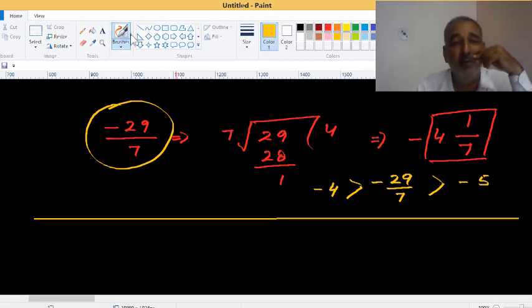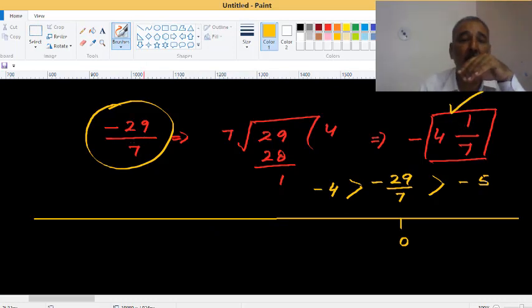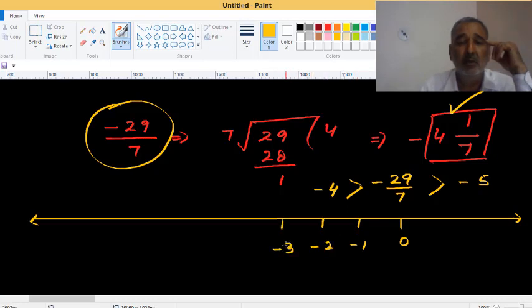If this number lies between minus 4 and minus 5, I am taking 0 here, as I have to take points here in negative direction. This number will be towards left of 0. So I am taking 0 towards left. I'm shifting this 0. So this is -1, -2, -3, -4.